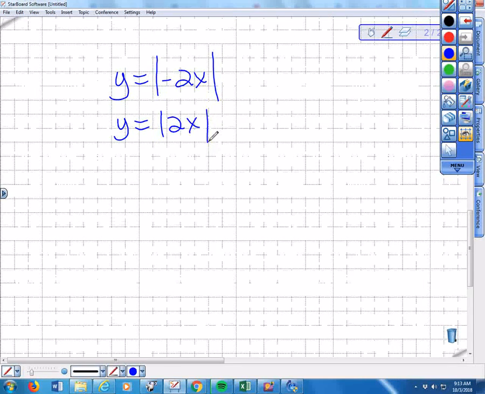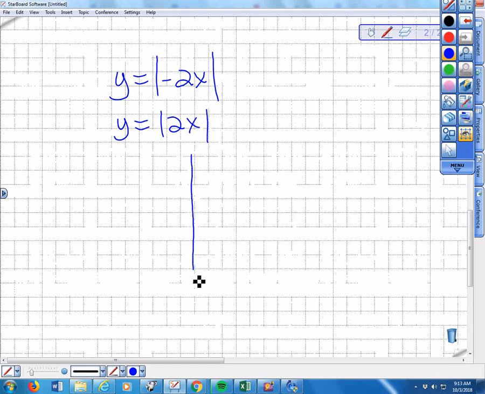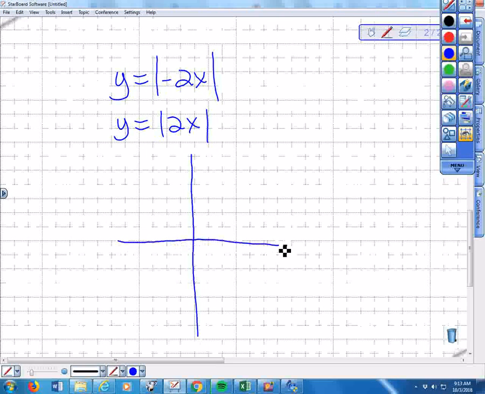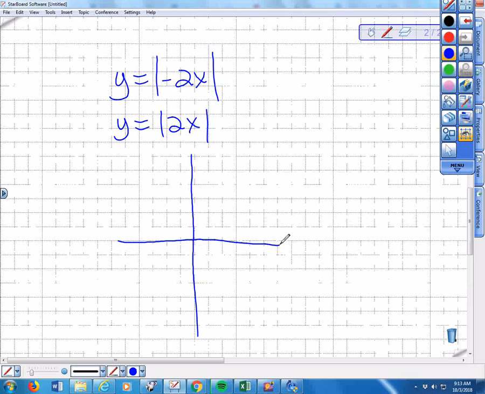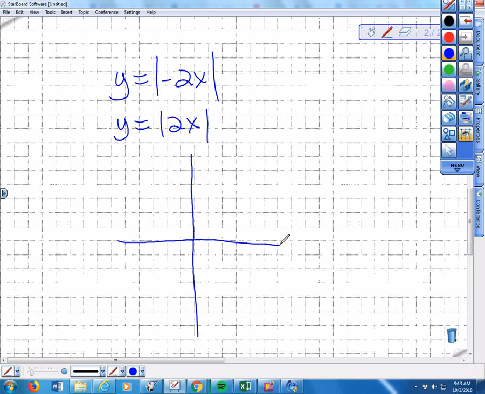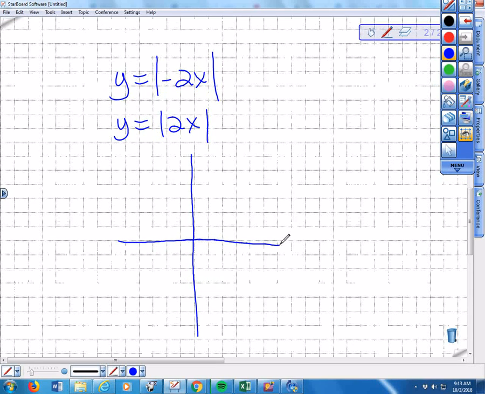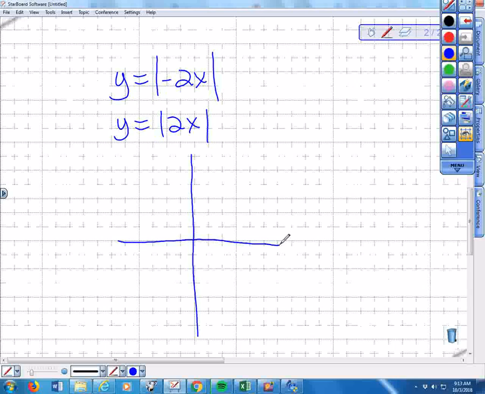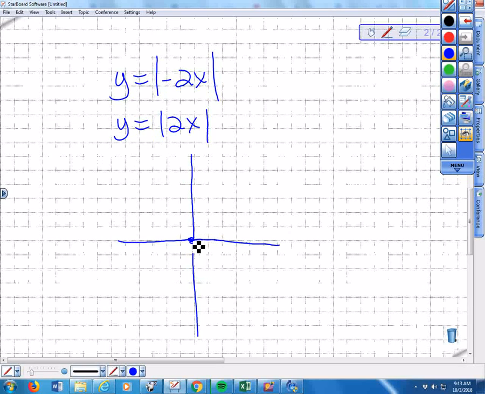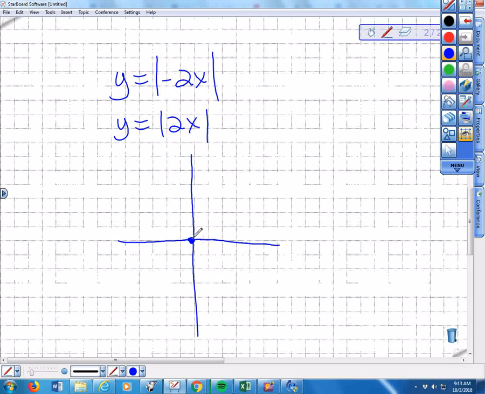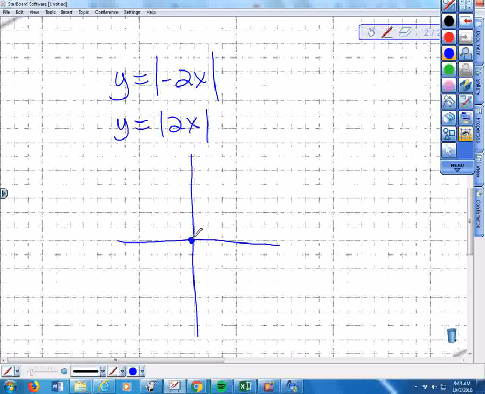And if you don't know how to put that into the form, all you need to do is just do like we learned when we first learned graphing. If x is 0, what's y? 0. If x is 1, what's y? 2.